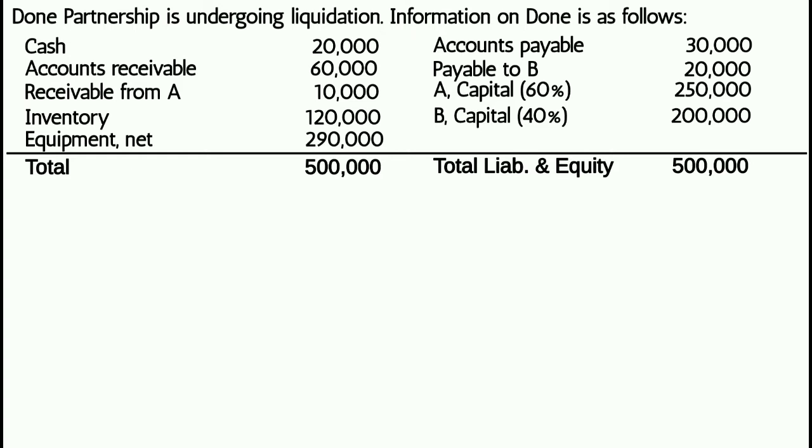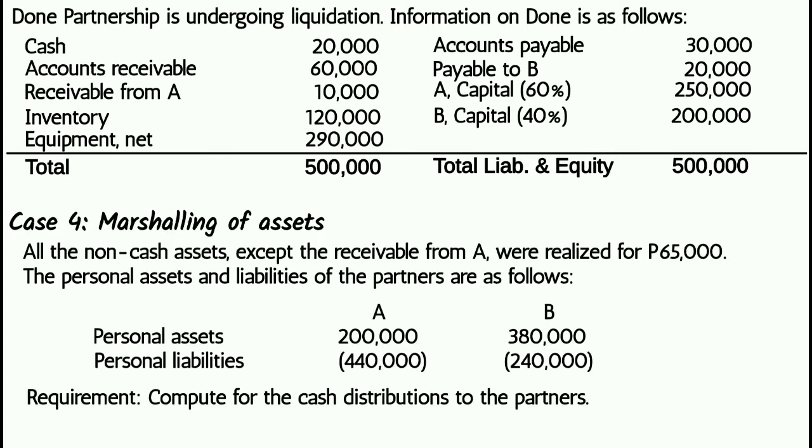Accounts payable, 30,000 pesos. Payable to B, 20,000 pesos. A capital, 60%, 250,000 pesos. And B capital, 40%, 200,000 pesos. For total liabilities and equity of 500,000 pesos.